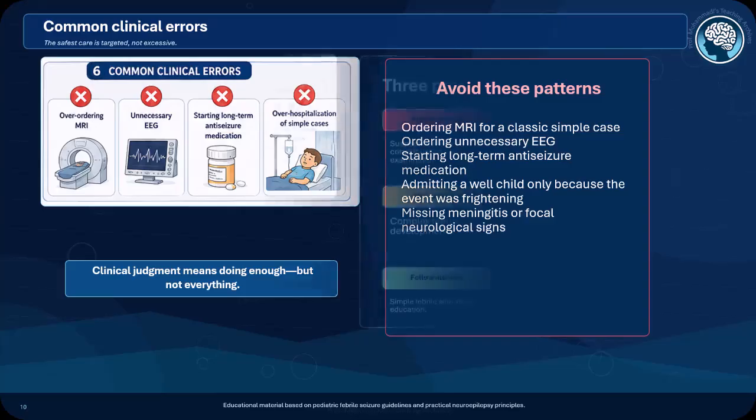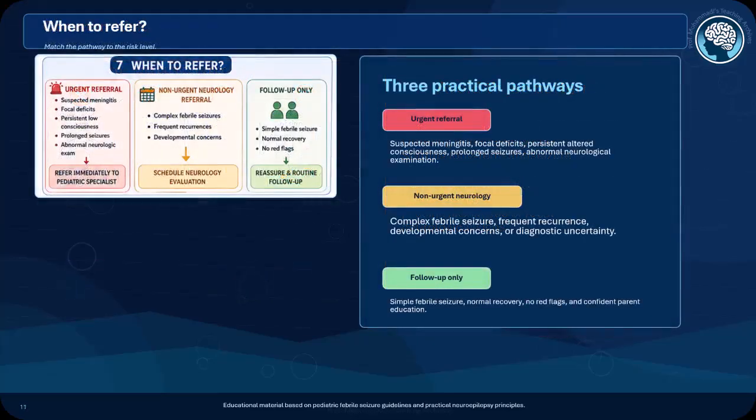Next slide. Referral decisions should be matched to the child's risk level. Urgent referral is appropriate when there is suspected meningitis or encephalitis, focal neurological deficit, persistent altered consciousness, prolonged seizure, or an abnormal neurological examination. Non-urgent neurology referral is reasonable for complex febrile seizures, frequent recurrences, developmental concerns, or diagnostic uncertainty.